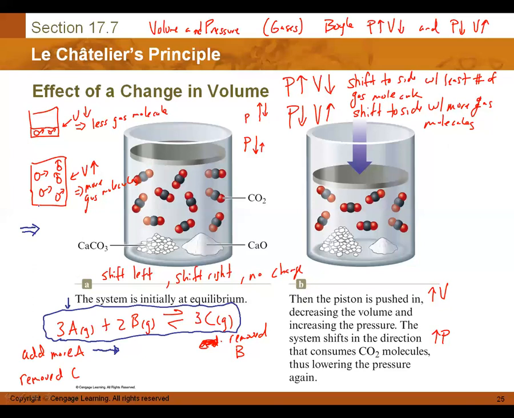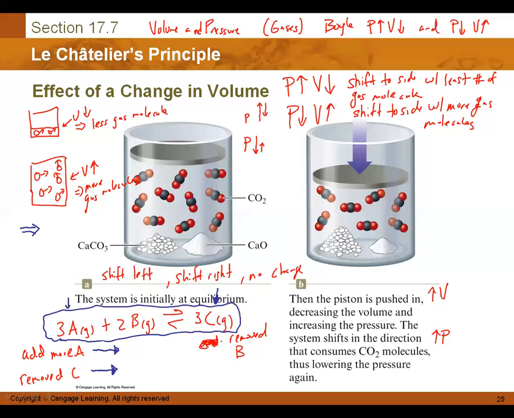Now, when we remove C, C is over here on the right-hand side. And when we remove, it will go towards the side we removed it to. So in this case, by removing C, which is on the right, it will actually cause the equilibrium to shift to the right-hand side.